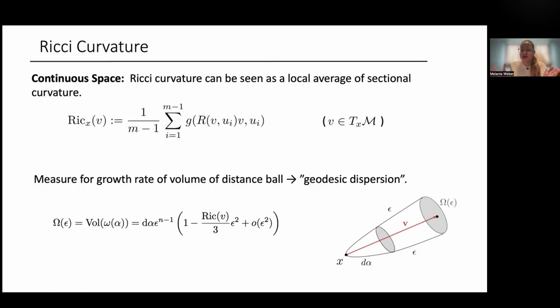The Ricci curvature is one component of this more general second fundamental form that gives us a local notion of curvature. If you want to understand what Ricci curvature measures, you can think of it as a geodesic dispersion. If we look at local volume growth, the local growth of a geodesic ball, this is what is measured by Ricci curvature in the continuous setting.